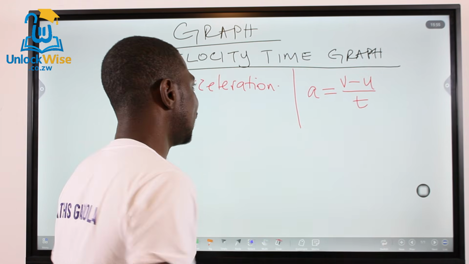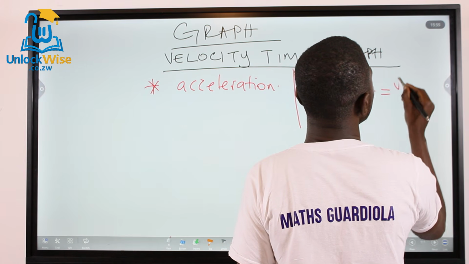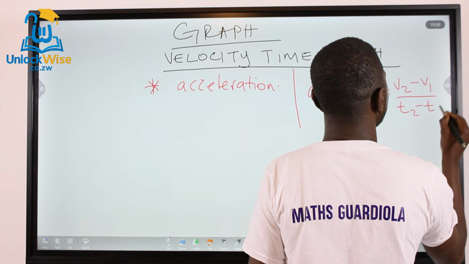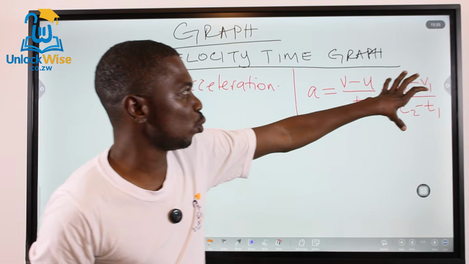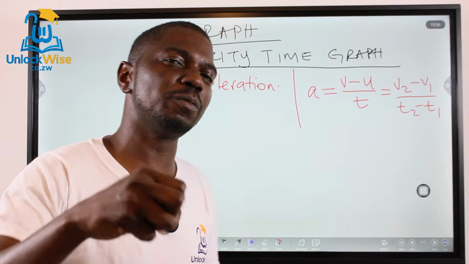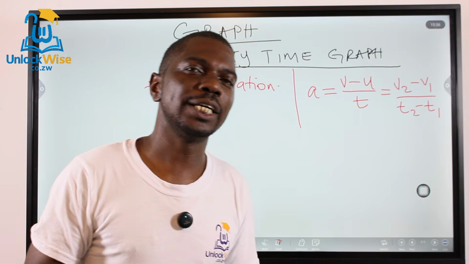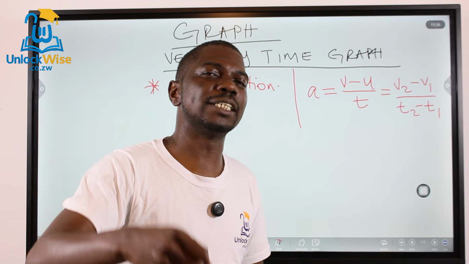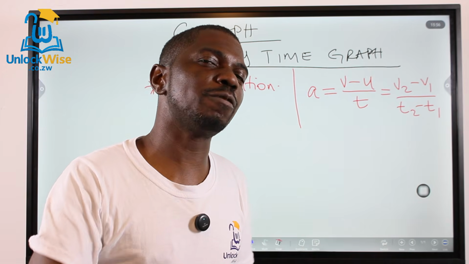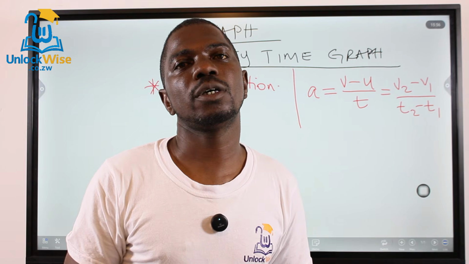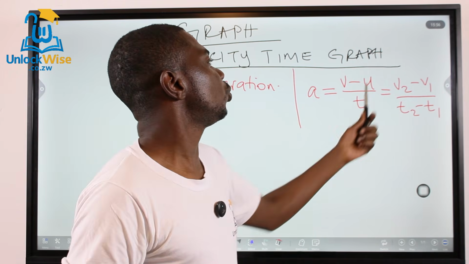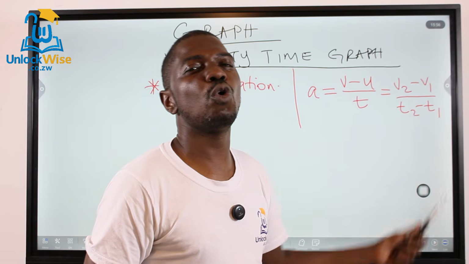This is 1. Some may even say v2 minus v1 over t2 minus t1. And I even like this one more because it will bring us back to the concept of coordinate geometry, of gradient, of which there is a very good video on Unlockwise channel, which I did some few weeks back, which will explain everything you need to know on gradient.